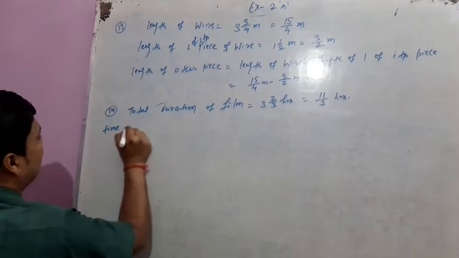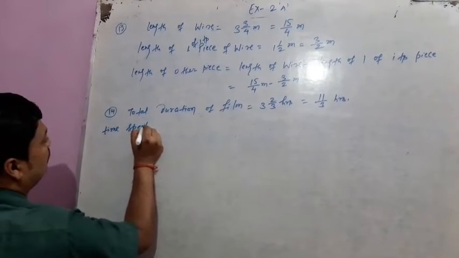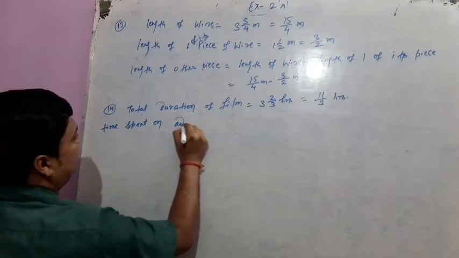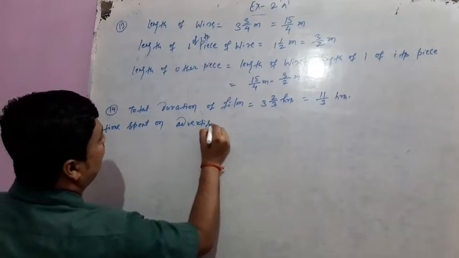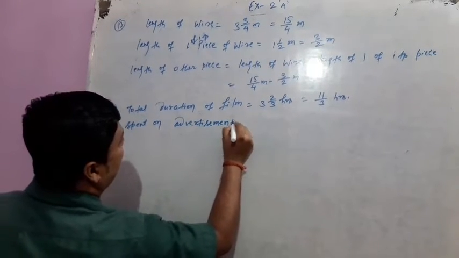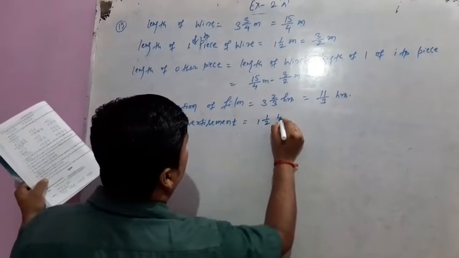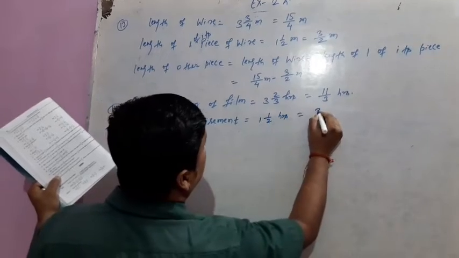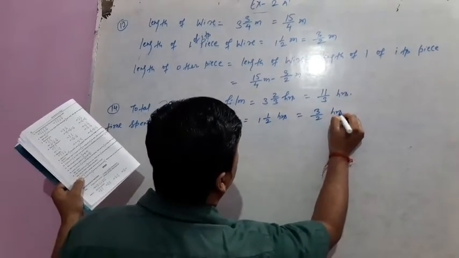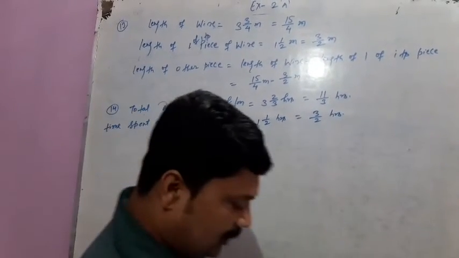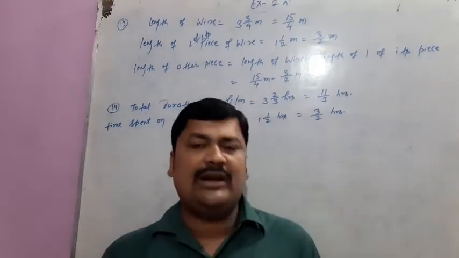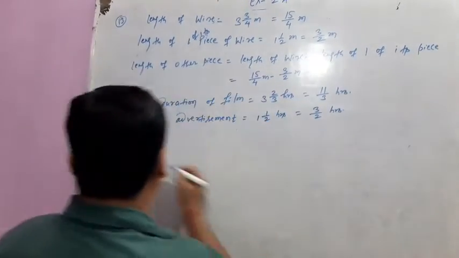What is the time spent on advertisement? 1 whole 1 by 2 hours, that is 3 by 2 hours. Now in the question it is asked, what was the actual duration of the film?